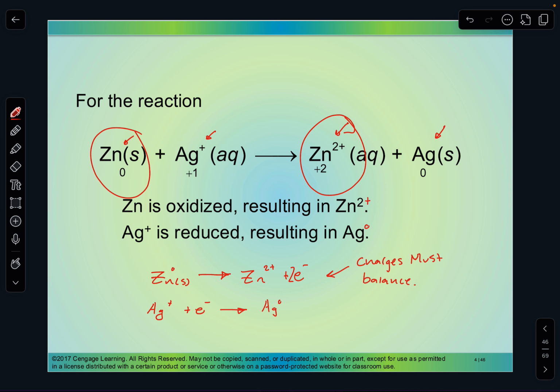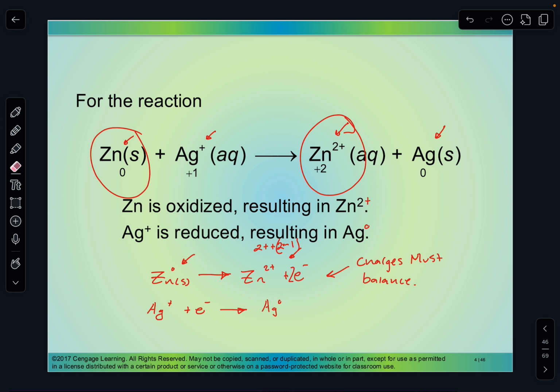So, for example, you have a net 0 charge. Zinc has a 0 charge, which means you must have a net 0 charge over here, which means if you have 2 plus, you have to add 2 minus 1 charges. 2 times minus 1. 2 plus 2 times minus 1.